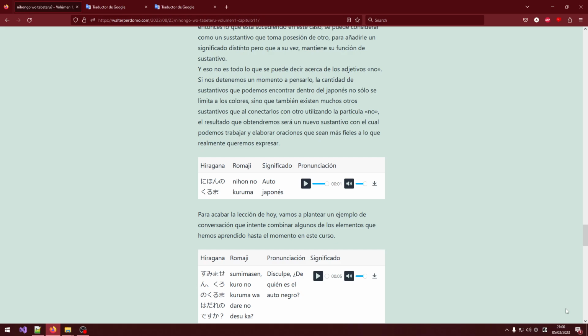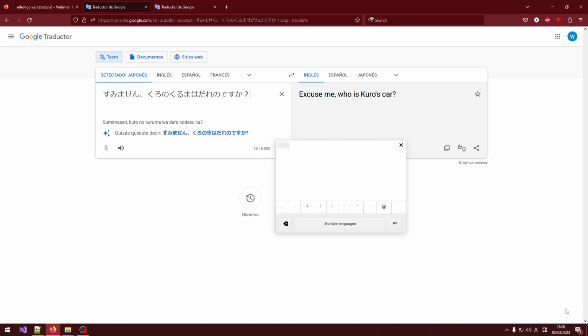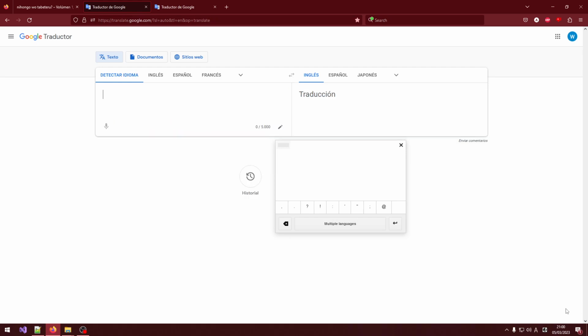Actually, I don't know how to translate this in English. Whose car is the black car? I don't know.